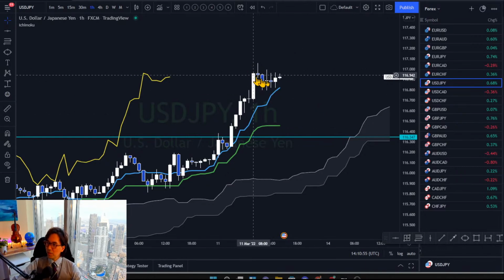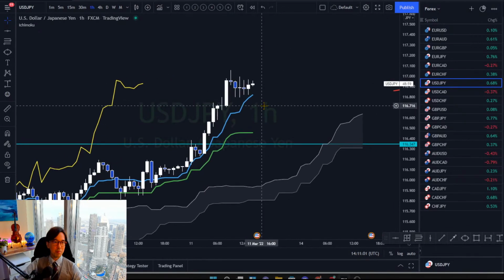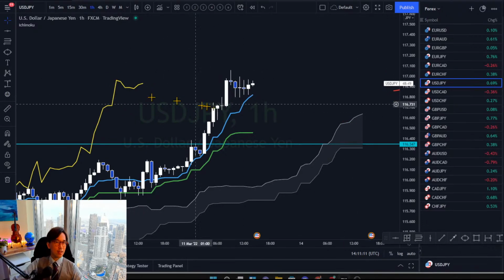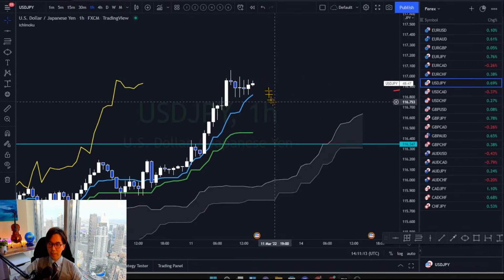So now it's ranging for the last 5 or 6 hours. So no trend right now. But in the short term, there are more buyers than sellers because Tenkan Sen is moving up. And also Senko span A is moving up right now. And Chikou span above candles. So still, there is a potential breakout.